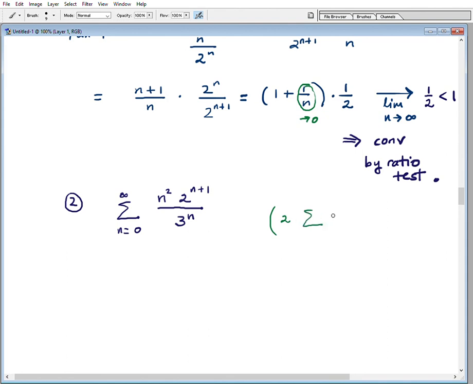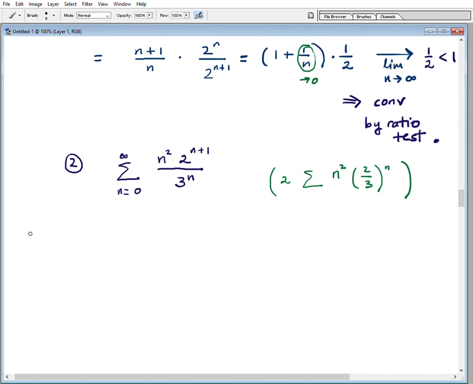If we factor out a 2, I'll just leave the n squared there. Then we have 2 to the n over 3 to the n, which is 2/3 to the n. Now I would say this is similar to the geometric series sum of 2/3 to the n. I don't think this n squared is going to interfere a lot when n is going to infinity. But let's check it out.